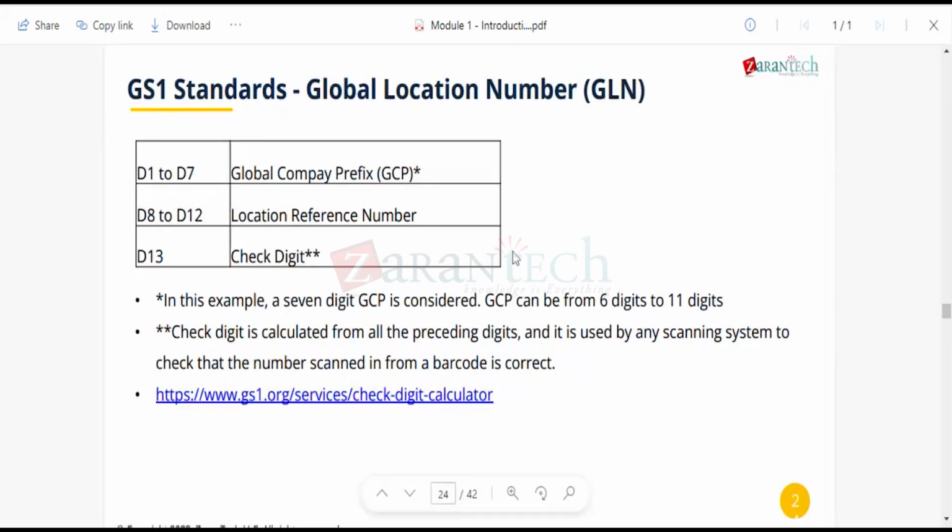Similarly, let's say in your organization you have one business entity and four plants. So you will have five global location numbers: a GLN for each plant and a GLN for your organization. In this way, each entity will be identified uniquely.